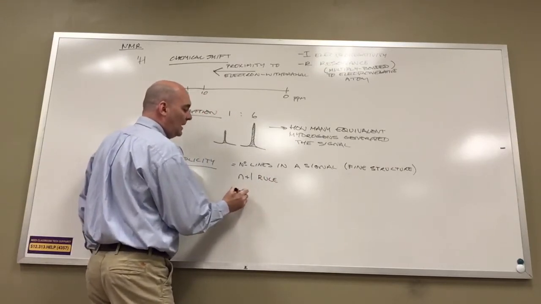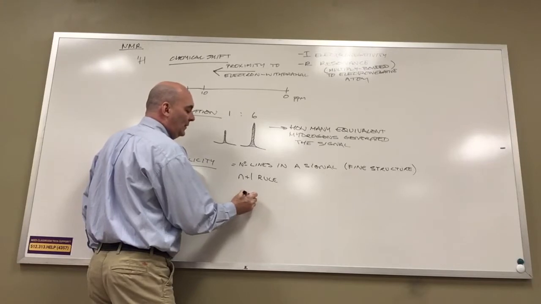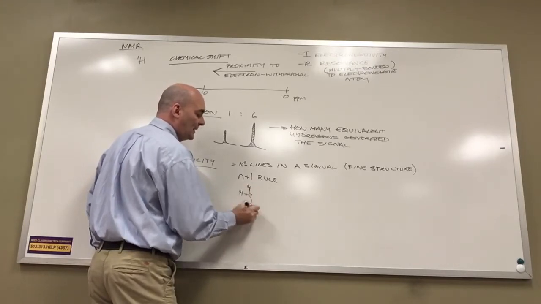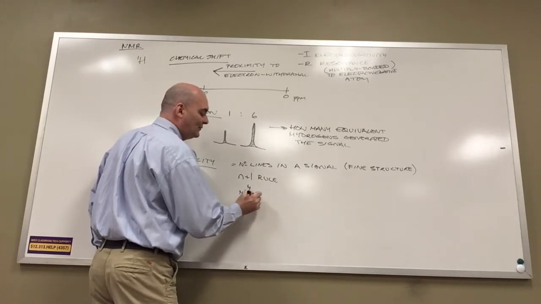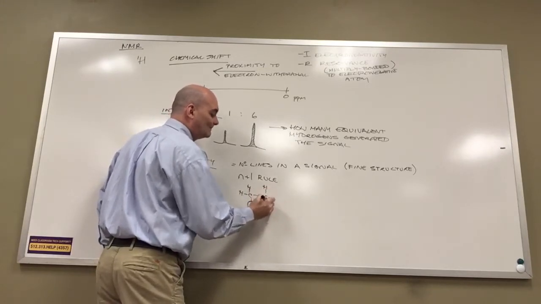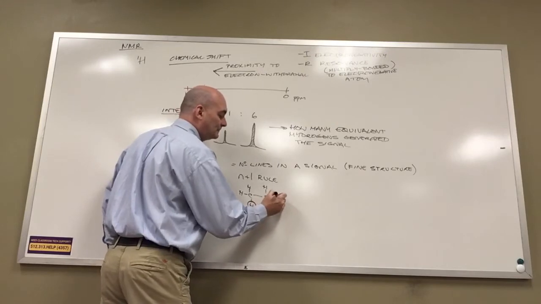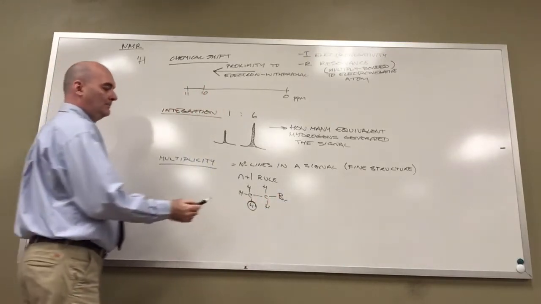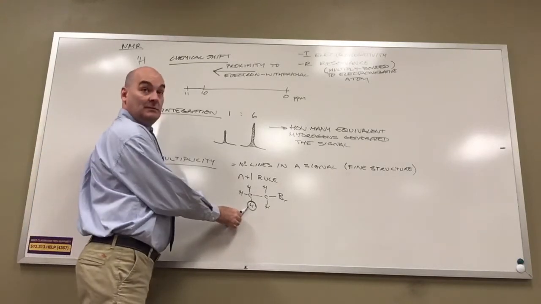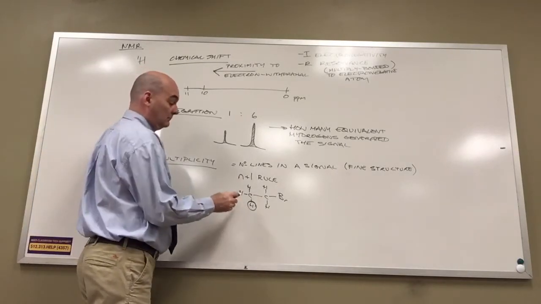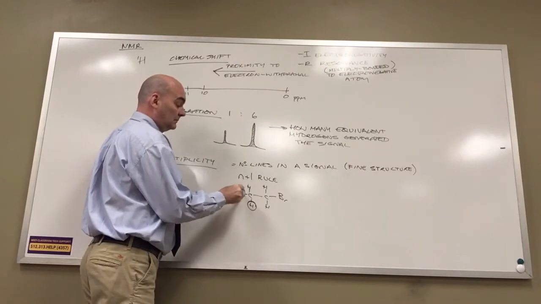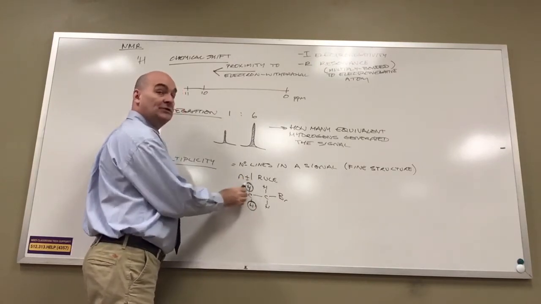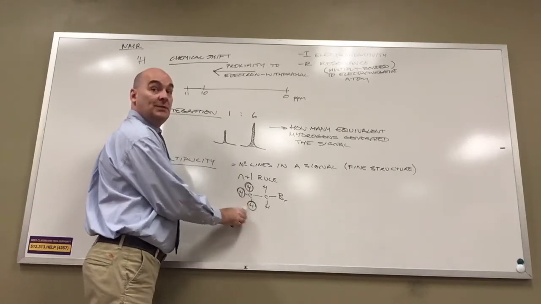That if I'm looking, let's pick one, if I'm looking at that hydrogen here in bromoethane, this hydrogen has 2 other hydrogens in equivalent positions.